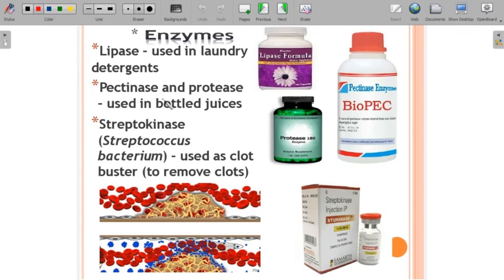The bottle looks so shiny and clear. At home, the bottle will be a little bit dull, but taste cannot be compromised. In industry, the bottle will be very clear. So there we use the enzymes protease and pectinase, which are used in bottled juices so that the juice becomes very clear.